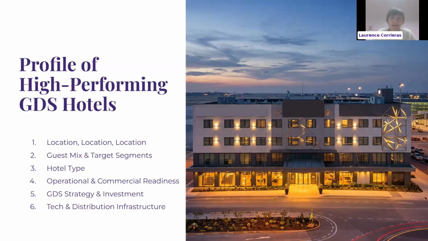Second is target segment. You are more likely to succeed on the GDS if your hotel targets corporate travelers, of course, attracts repeat business and longer stays, and works with TMCs and consortia. If you are not familiar with TMCs, let me give you a quick explanation.